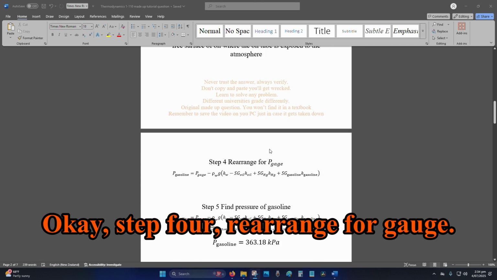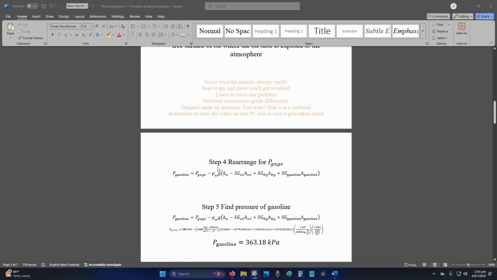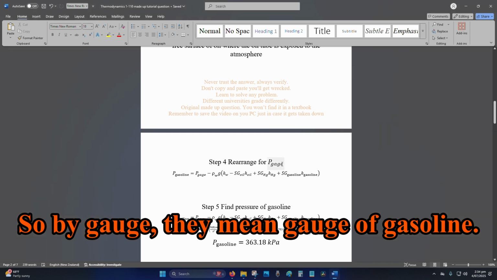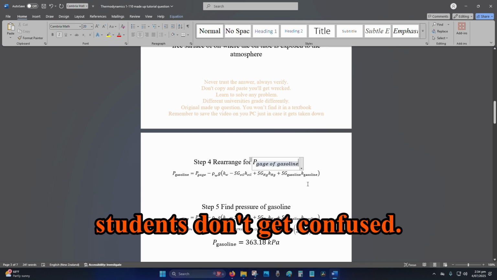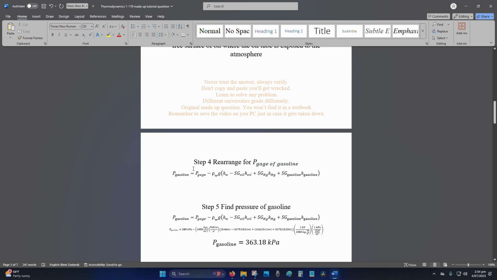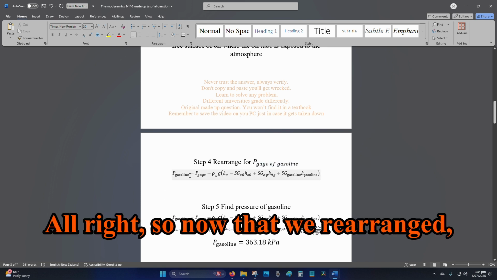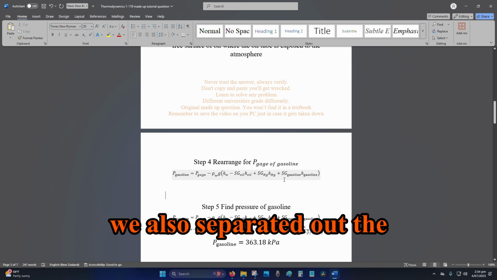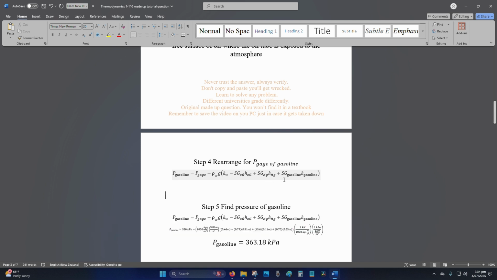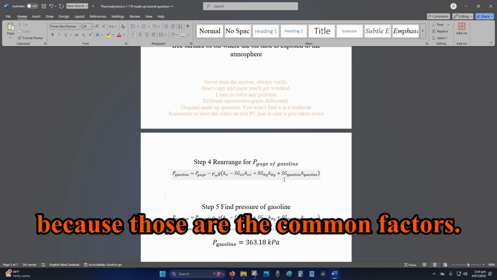Okay, step 4, rearrange for gauge. So by gauge, they mean gauge of gasoline. I'll just write that in so students don't get confused. Alright, so now that we've rearranged, we also separated out the density of water and gravity because those are the common factors.